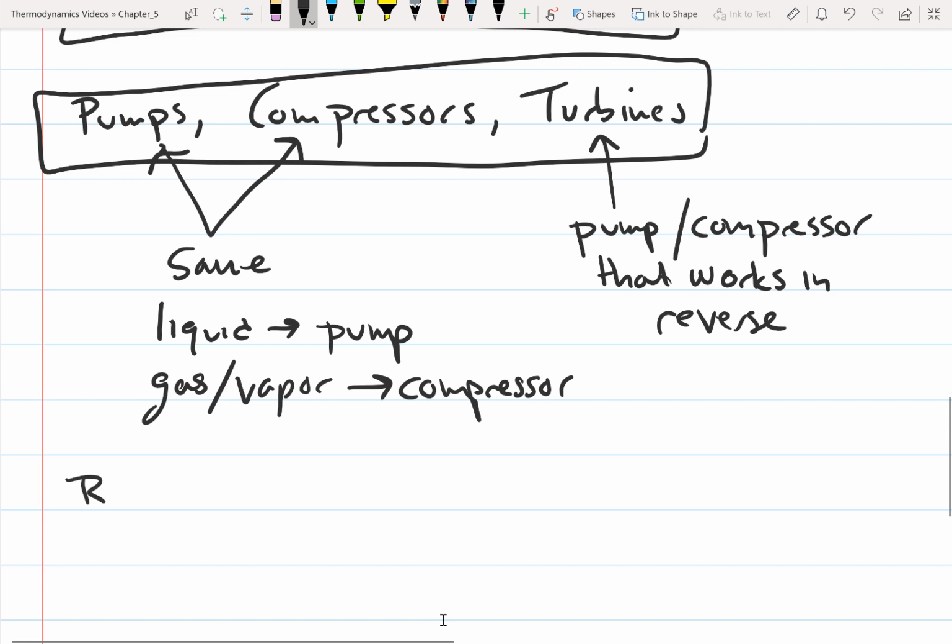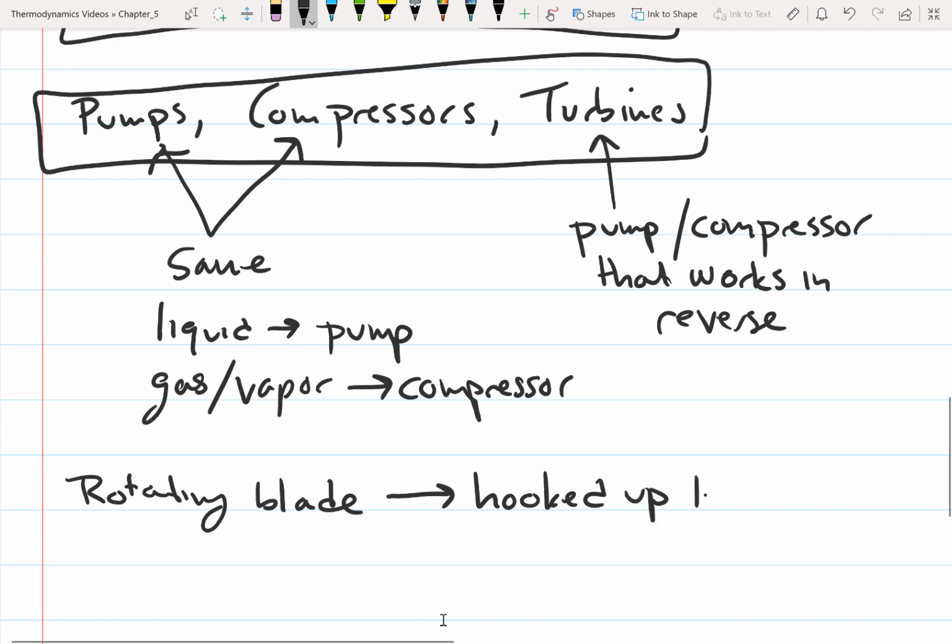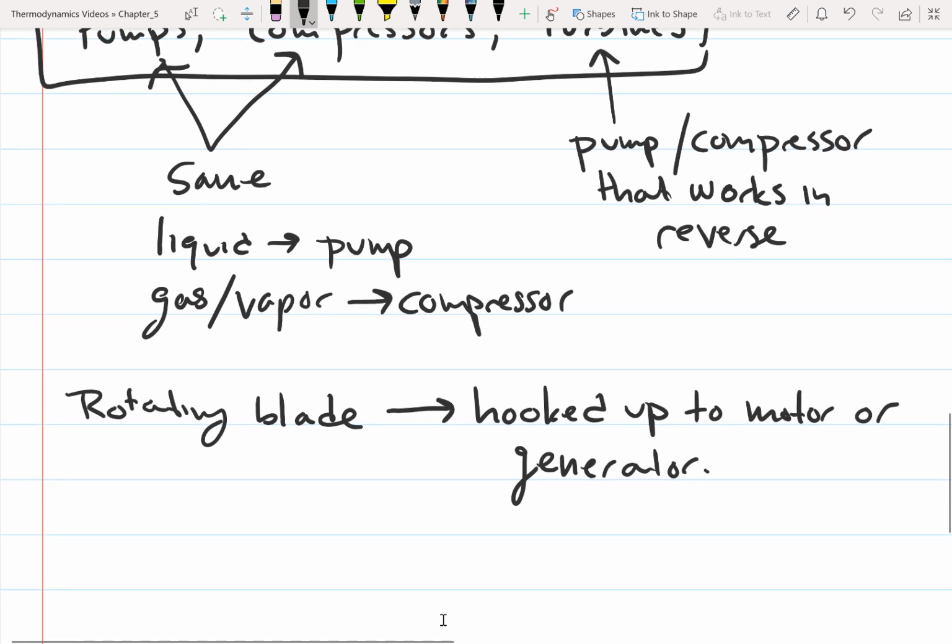So a pump or a compressor is going to be run by a motor, or if we have a turbine hooked up to a generator, say in a power plant, that turbine is going to generate electricity. So basically for all of these, we're going to have work.